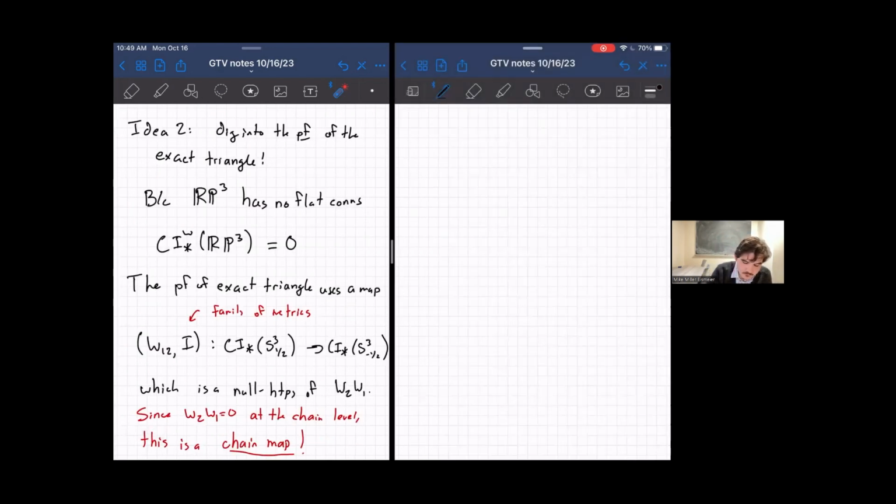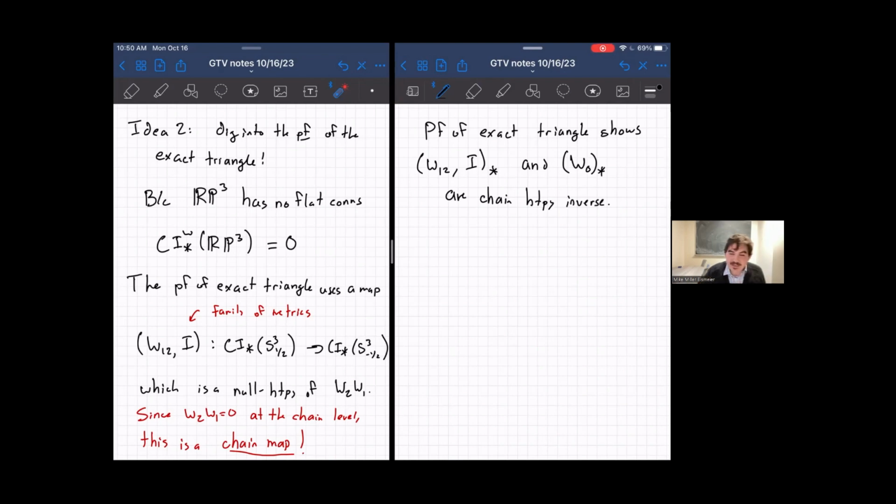Further, if you look into the relations on the exact triangle, when one of the complexes is just 0, you'll see that the relations you're actually showing are that, you dig into the details, you'll see that what you're really doing is showing that W naught is an isomorphism by constructing a chain homotopy inverse to it, given by this cobordism with that family of metrics.